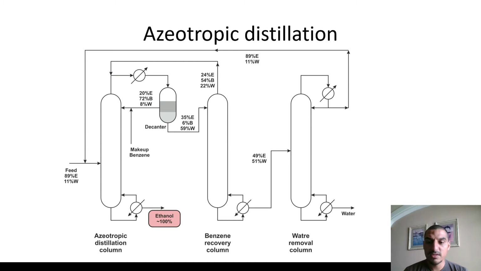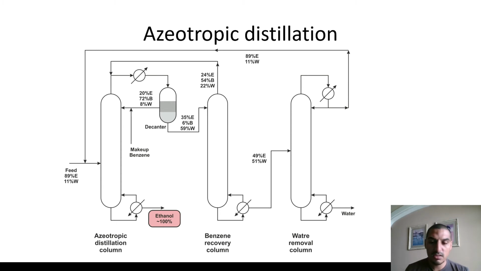And this azeotrope evaporates at a temperature lower than the boiling point of both ethanol and water. So what happens is that benzene takes all the water and part of the ethanol to form this azeotrope, and it evaporates, so it comes as a top product from here. And the bottom product is the rest of the ethanol that is not part of the azeotrope anymore.